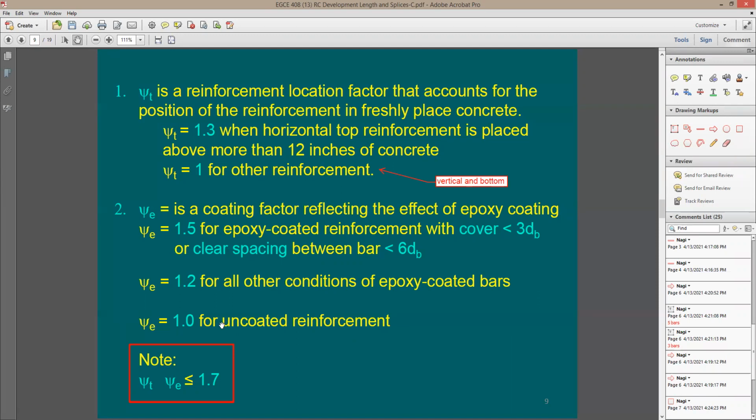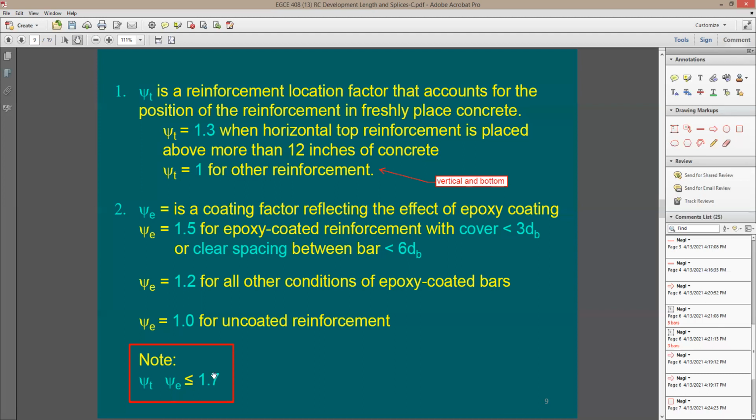So I said, okay, just a bunch of factors. And what I need to do is to see the case I have and find out these factors. So this factor shouldn't scare me. And they tell you here that after you are done with these two factors, multiply them by each other, psi sub t times psi sub e, and look at the product of these two values. If it happens to be more than 1.7, just use 1.7.